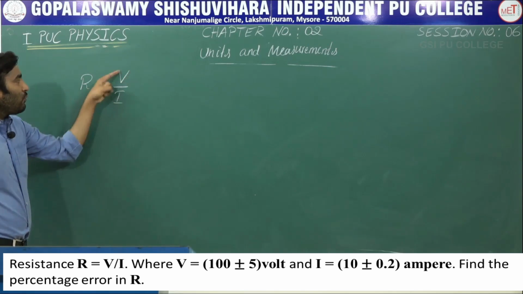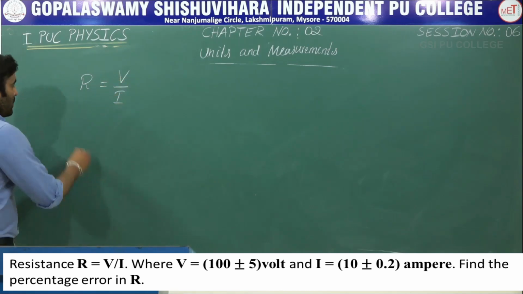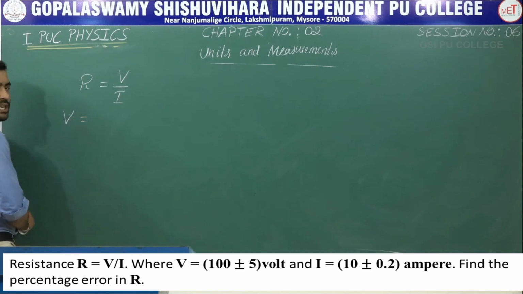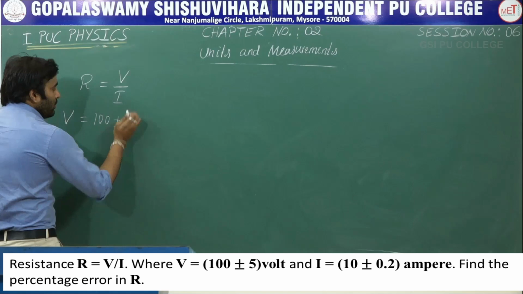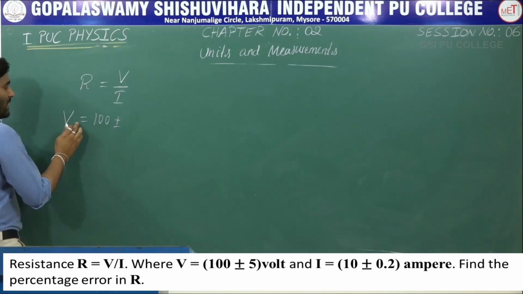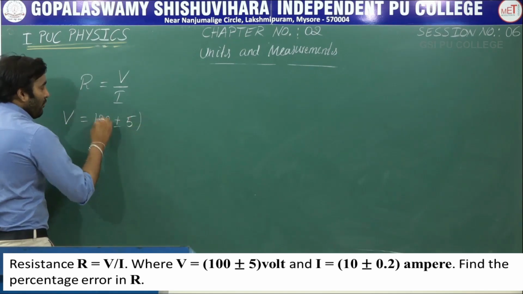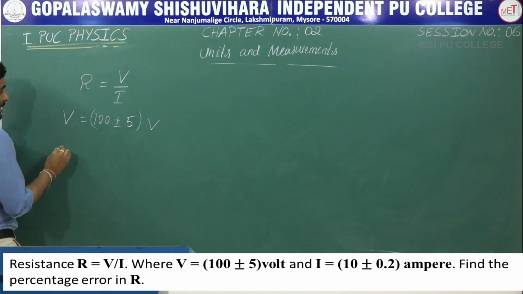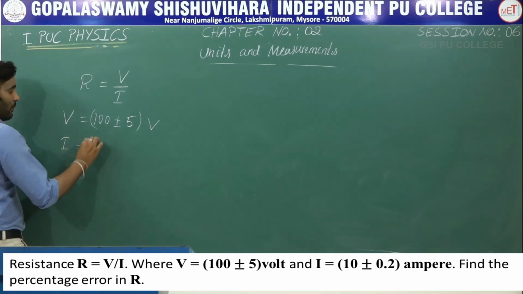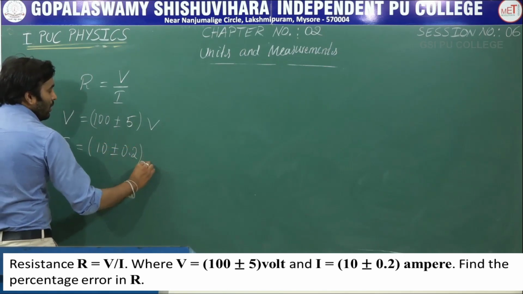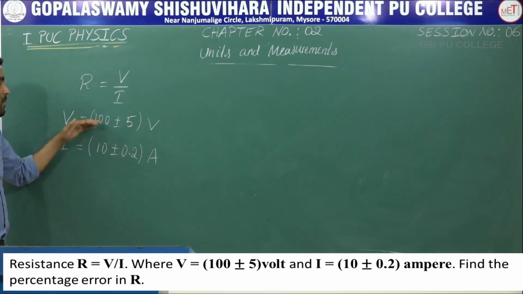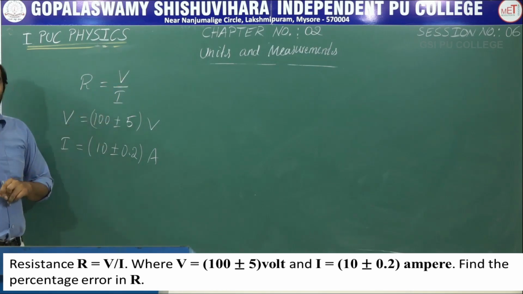The measured values of voltage and current are given. V is equal to 100 plus or minus 5 volt and current is equal to 10 plus or minus 0.2 ampere. So these are the measured values of V and I.